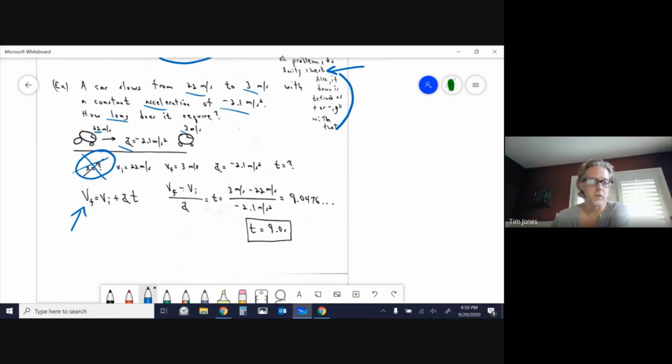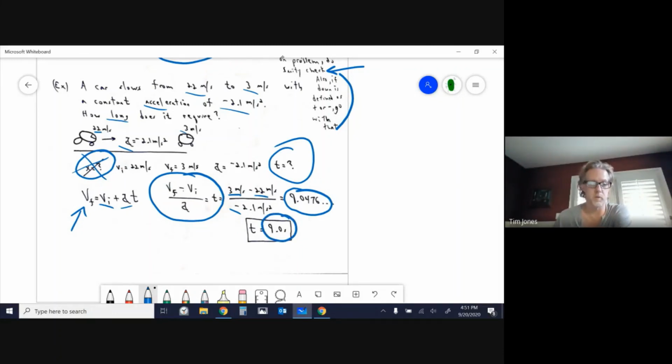Then we're solving for time. So subtract the VI, then divide by the A, and you get this equation. I plugged in my final velocity, my initial velocity, my acceleration. You end up getting a negative both on the top of the fraction and the bottom of the fraction, which results in a positive answer. Do sig figs in units, and you get 9 seconds.